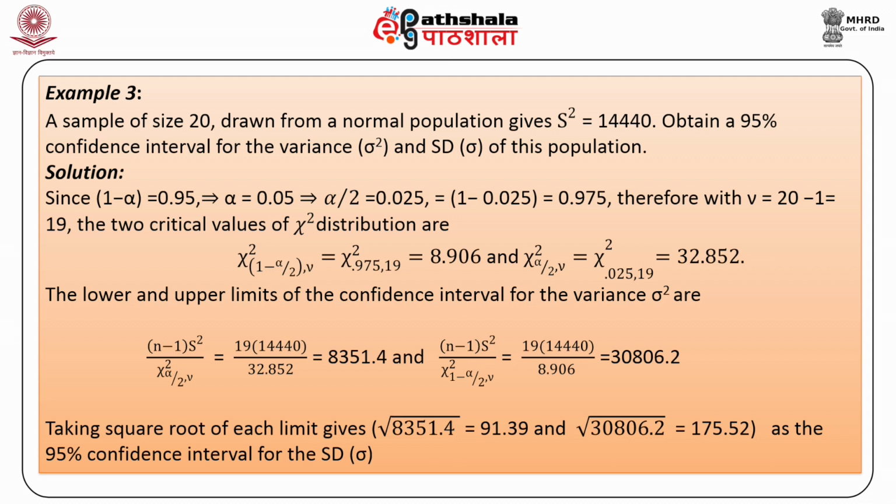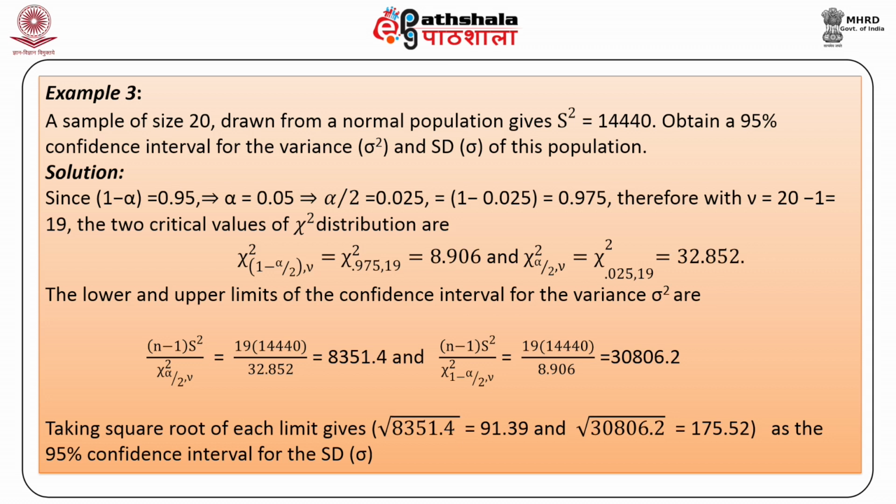And degrees of freedom nu in this case is 20 minus 1, which is equal to 19. The two critical values of chi-square distribution for the areas of 1 minus alpha by 2 and alpha by 2 for this 19 degrees of freedom are equal to 8.906 and 32.852.